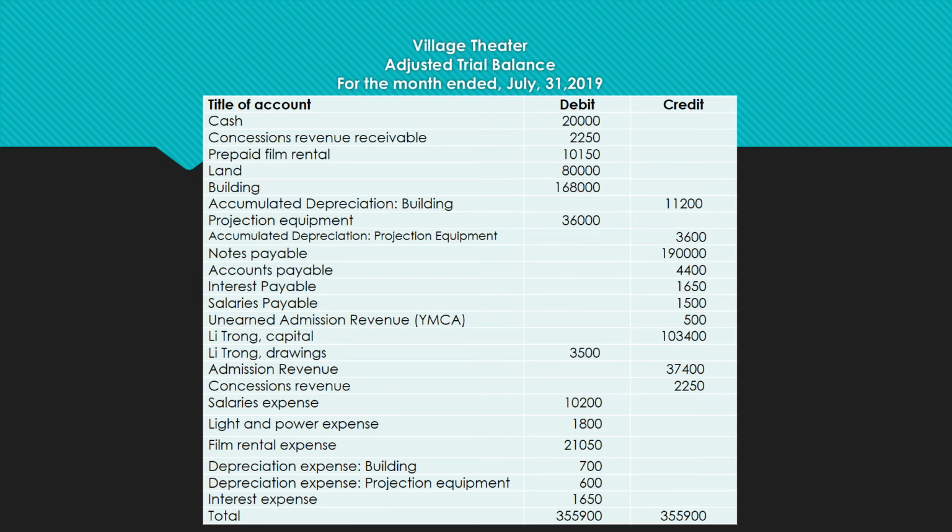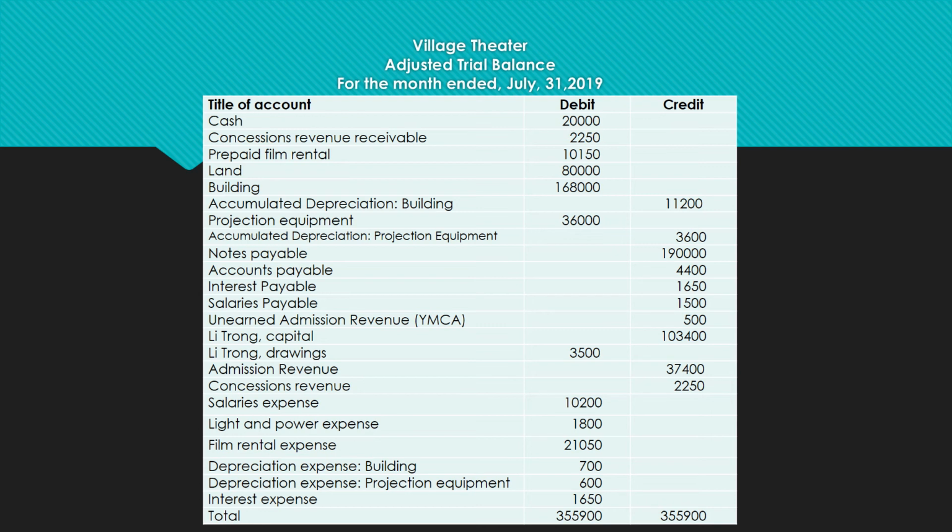Now the capital we have kept the same as it is, 103,400, and drawings we have also kept the same as it is, 3,500. Now revenue accounts: admission revenue is now 37,400.